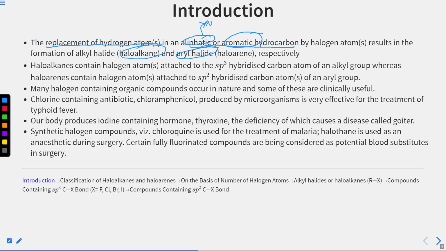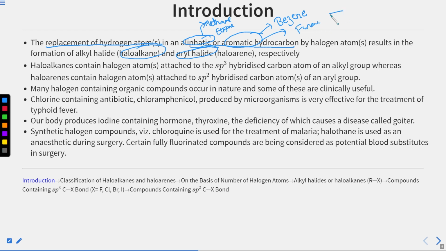We can have methane, ethane, propane, and for aromatic we can have benzene, or we can have, say, the tropylium ion, or instead we can have furan also.